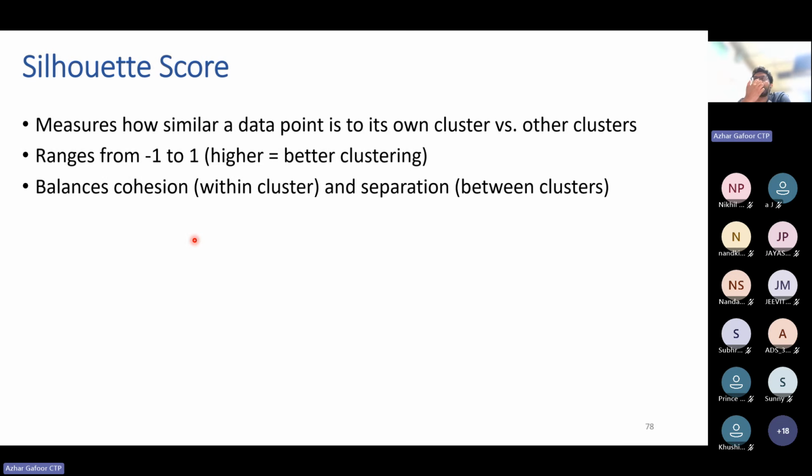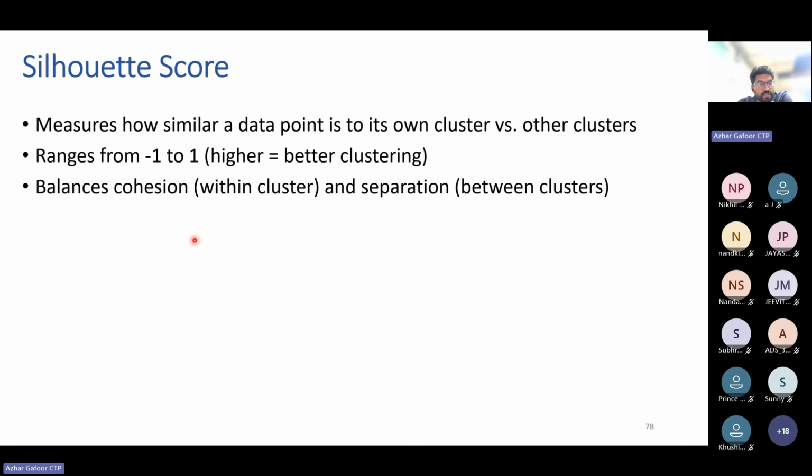If we consider each data point, then we calculate the distance of that data point within the cluster and to other nearest clusters. Then the Silhouette score can vary from -1 to 1. Always 1 is the better clustering.